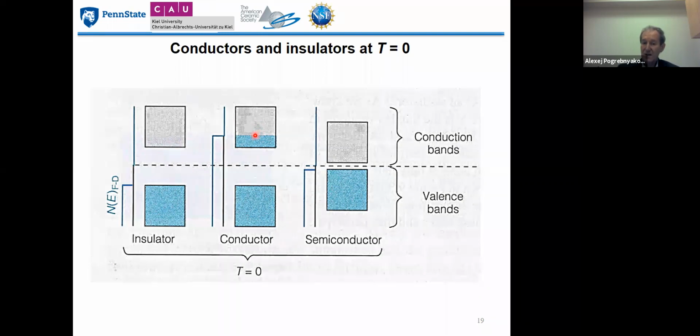So when we apply the voltage, the electrons can go over to other empty states, and that's how the current can be transmitted by conducting materials, in metals. And semiconductors are similar to insulators, but the band gap is much smaller than in insulators.